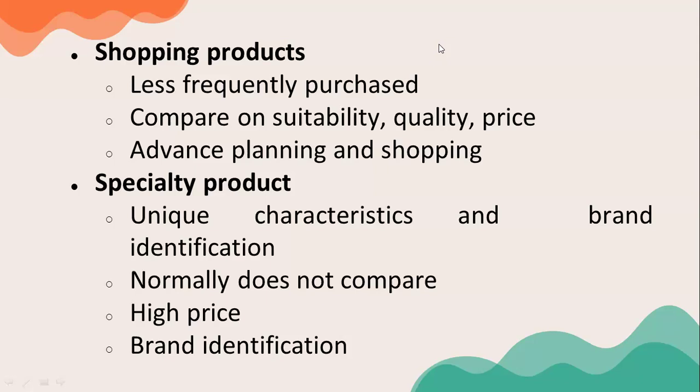You plan in advance that you will buy it. You compare brands and prices across brands. You may go to 2 or 3 shops, look for the product, and purchase what is best for you, right? You don't buy often; you look at price and quality and compare.